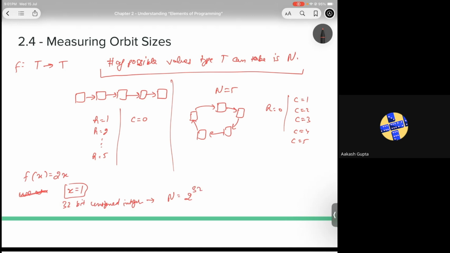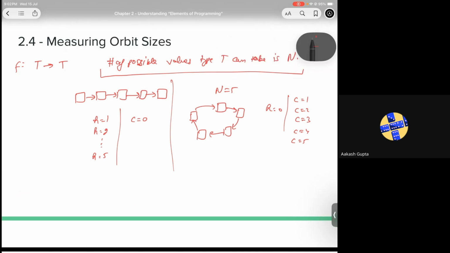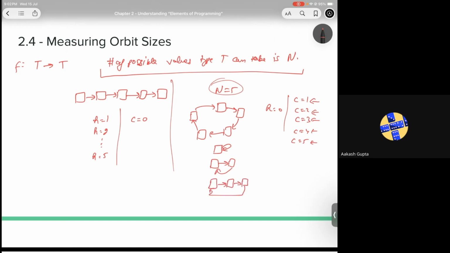But we are not able to iterate over all the elements with this given starting element and transformation. That's why I have written these possibilities, that cycle size can be 1, 2, 3, 4, or 5 if we had 5 elements, and this is the maximum possible case. We could have this case, we could also have this case, and we could also have this case. And the fourth case is also possible with 5 elements.